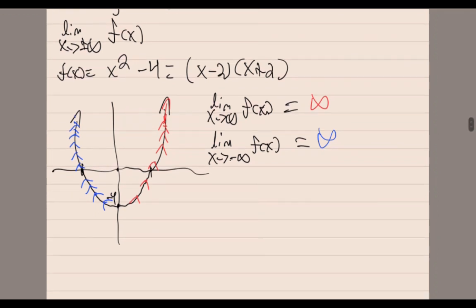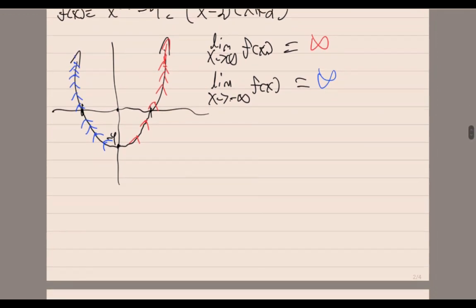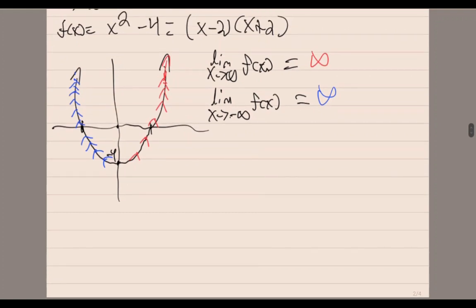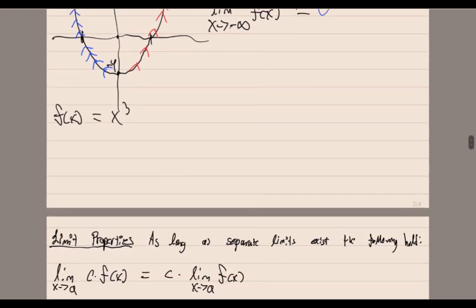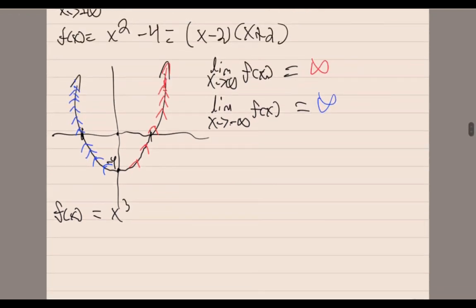Let's go ahead and look at different polynomials. This is an even degree polynomial, and we'll come to a conclusion that these polynomials all follow some sort of pattern. If we look at f of x equals x cubed, we have this graph here.